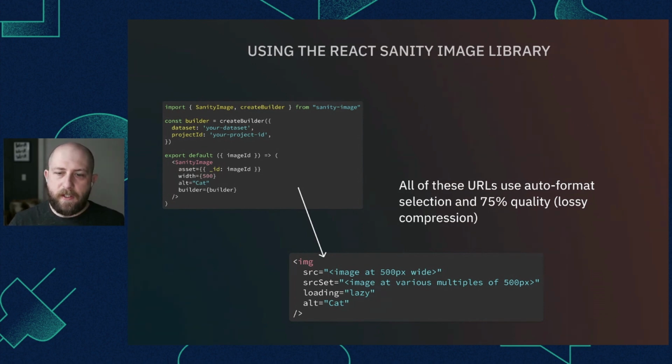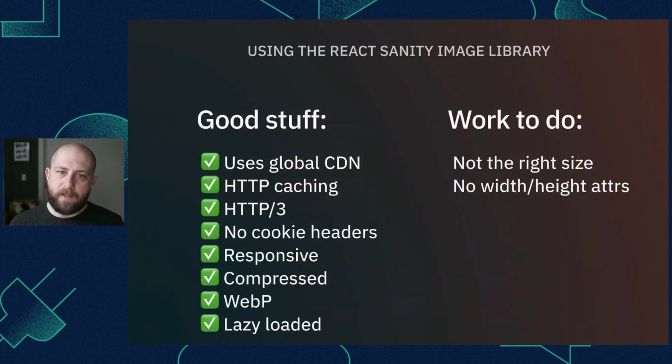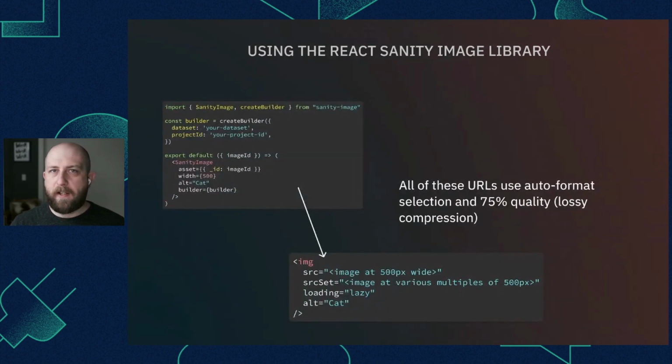So this actually does a bit more. It gets us a little bit closer to our goal. So let's take a look at what this does or doesn't do. In addition to our basic list of benefits on the left, we also now have it's responsive, it's compressed, because each of those URLs, with the Sanity Image library, are going to have the quality set to 70% or 75%.